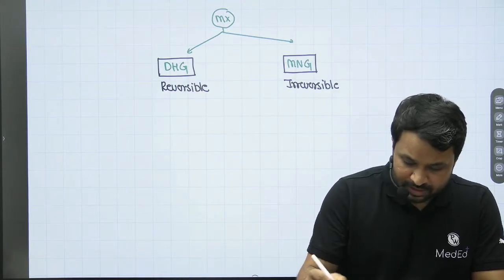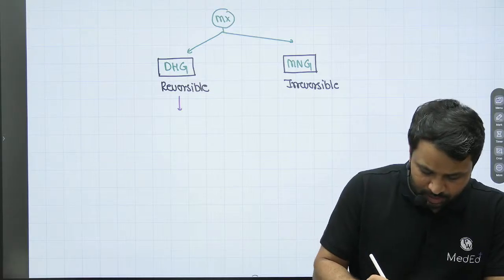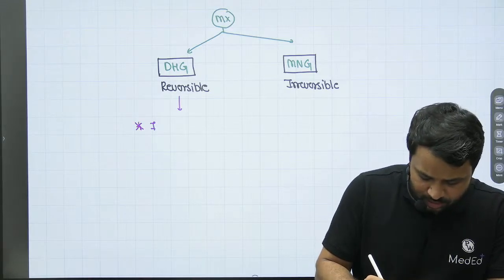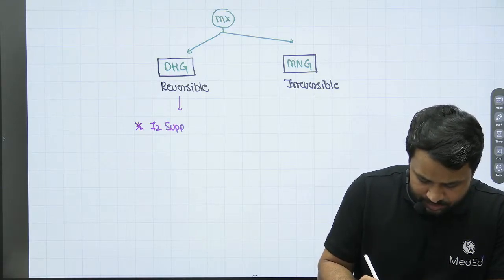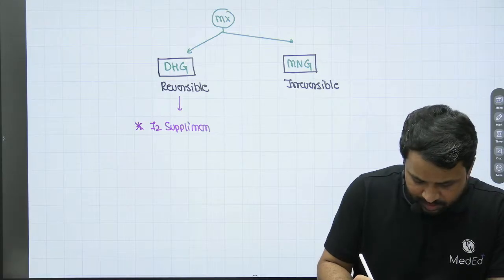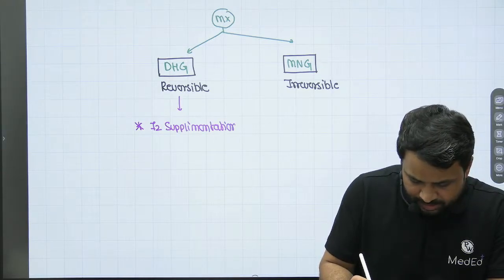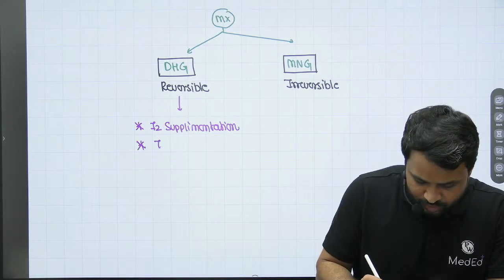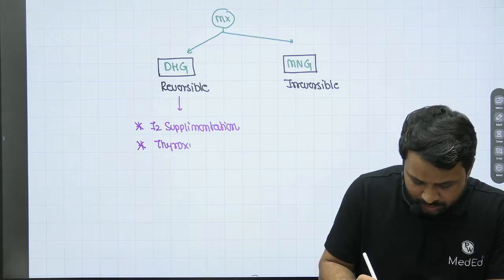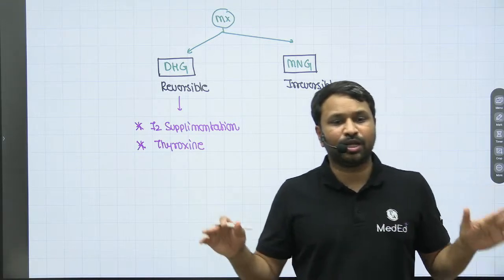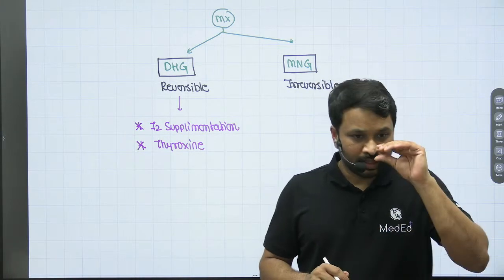Now, if it is a reversible state, the simple logic says start the patient on iodine supplementation and give T4 support, that is thyroxine. Usually, the swelling will revert back to normal.